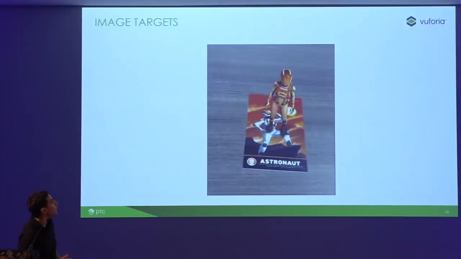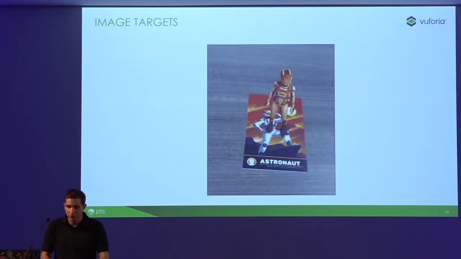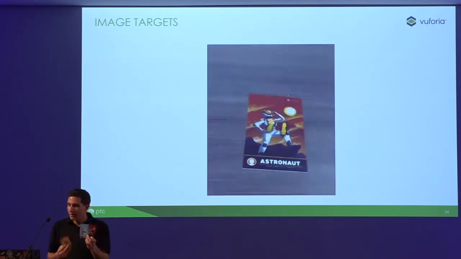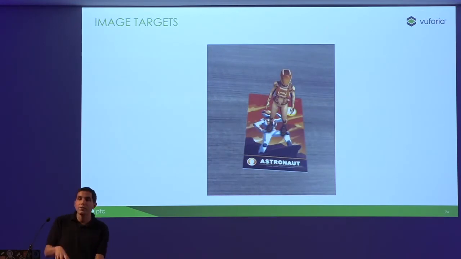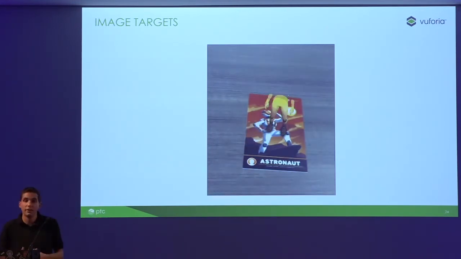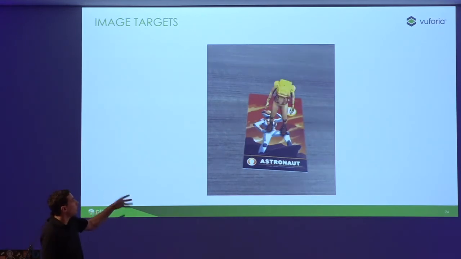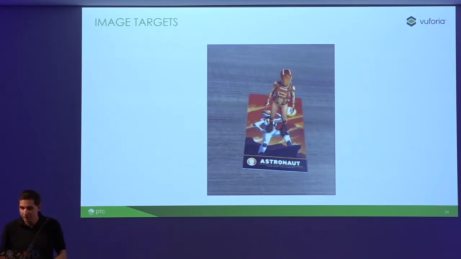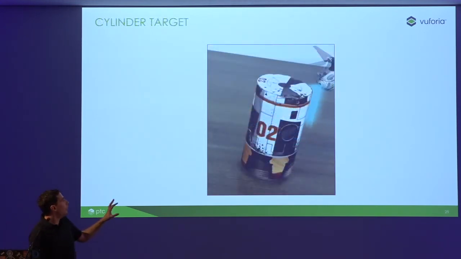All right, cool. Okay, so this is a quick example of the astronaut card. So you can see these packs up here, and all of these have augmentations on them by default. We can get these samples, and this is a simple image target where we're just putting some content on top of a card. This is an example of our cylinder target.